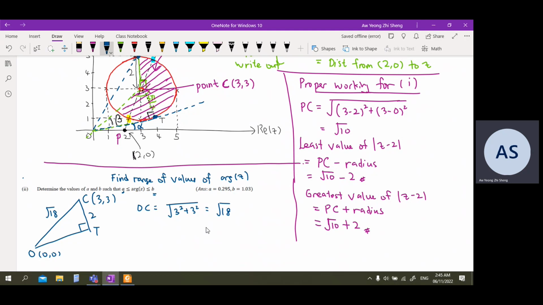Next, we can find this angle, which is beta, according to our diagram. COT is beta. So beta will be inverse sine of opposite over hypotenuse. That's 2 over surd 18. Calculator in radian mode, that should give you 0.49088. You write 5 SF because it's not the final answer yet.